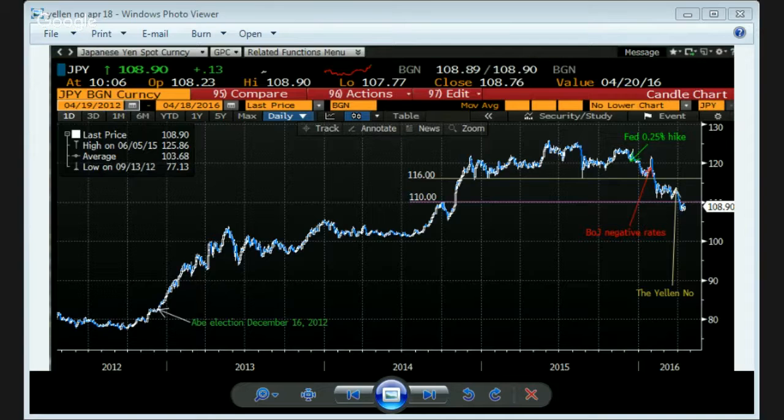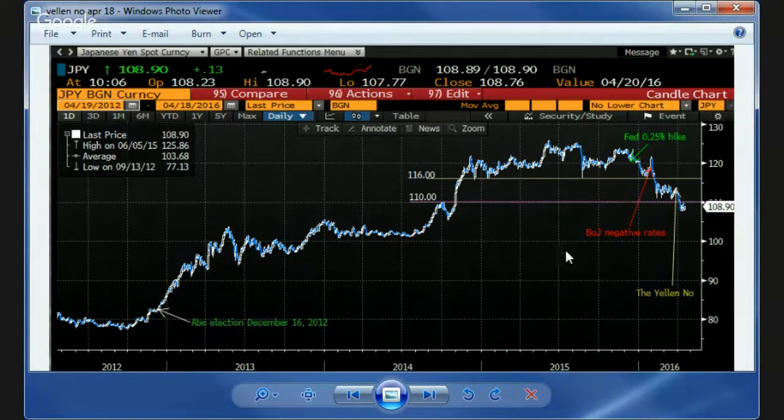None of that, of course, makes any sense in relation to the strength of the Japanese economy. None of it has anything to do with where the Japanese government wanted the yen, up at 124, 125, above 120, another 20% weaker. So it's clear that market forces prevailed.